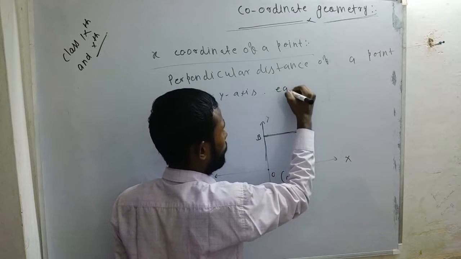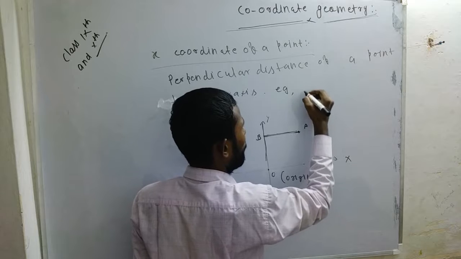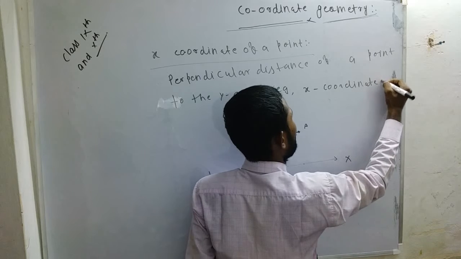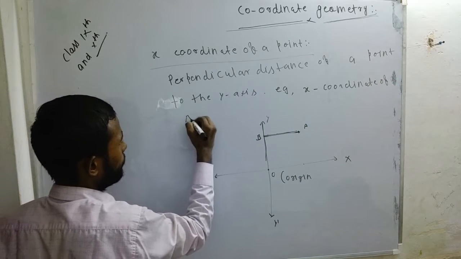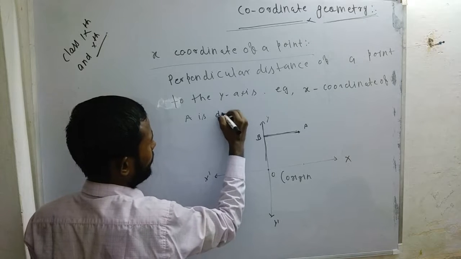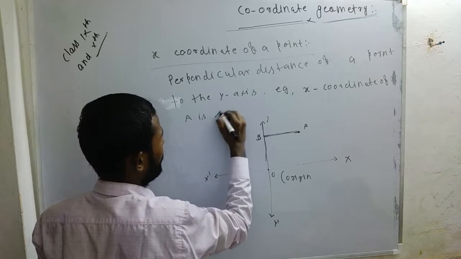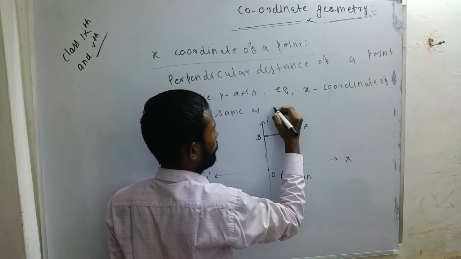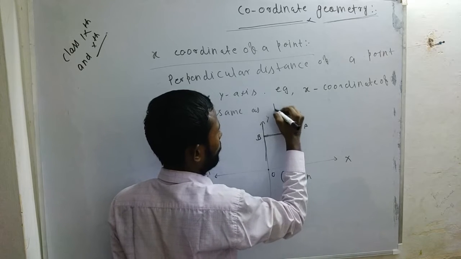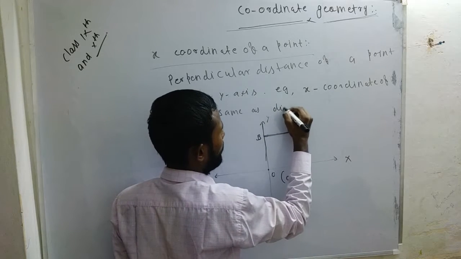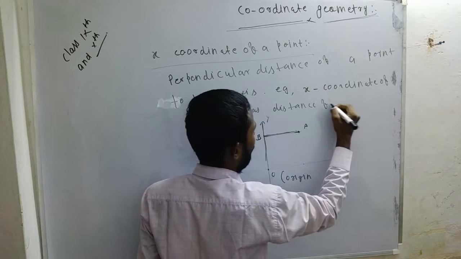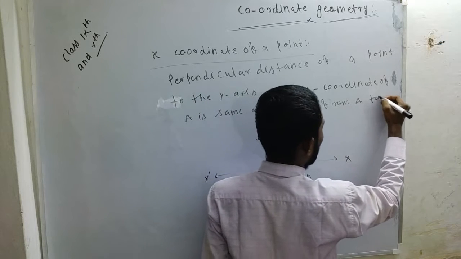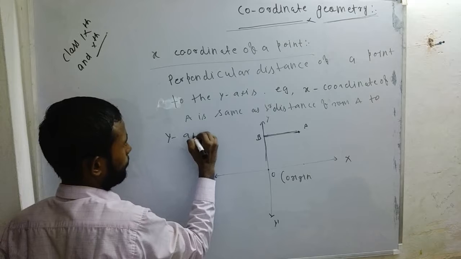For example, the x coordinate of A is the same as the perpendicular distance from A to y axis.